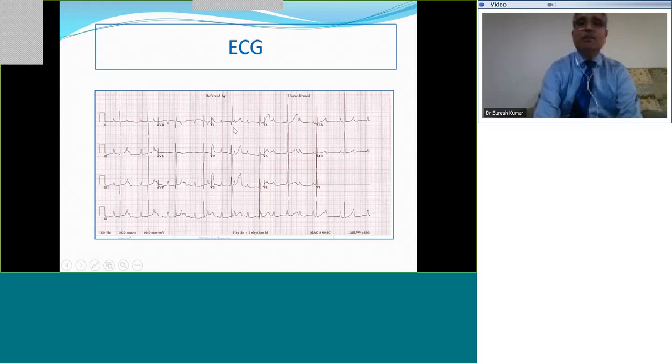You can see a Q in V1, and come to V5, V6. There is no initial Q in V5, V6. What looks like slurring is because the P wave is getting superimposed there. So here is the lack of the septal Q, and here is the presence of the Q in V1. Here the axis itself is normal, and there is complete heart block.